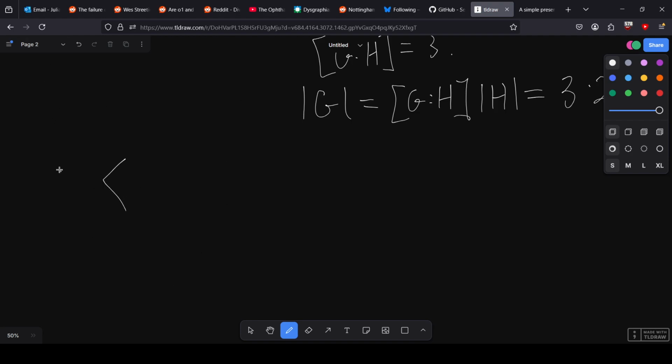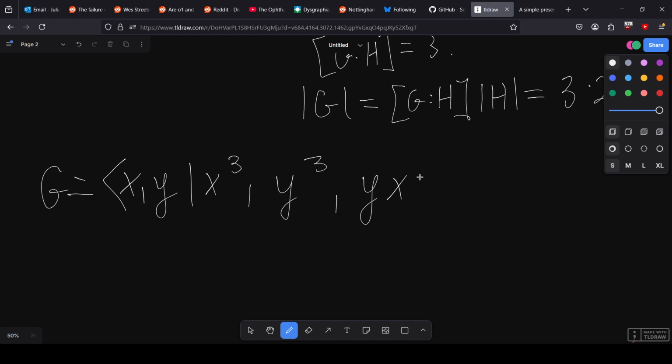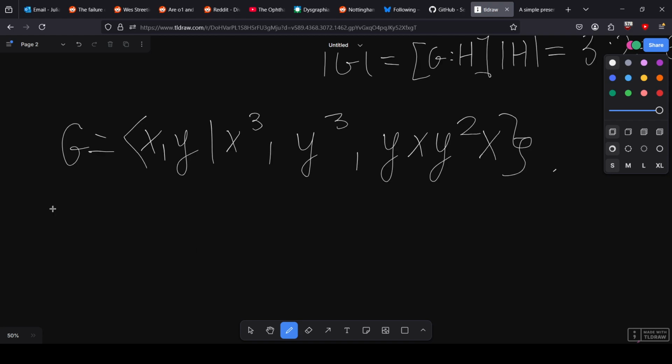This time, we will be working over G, which is generated by x and y, but we have x cubed, y cubed, and yx y squared x being equal to 1. With H being the subgroup generated by y, which is equal to {1, y, y squared}.